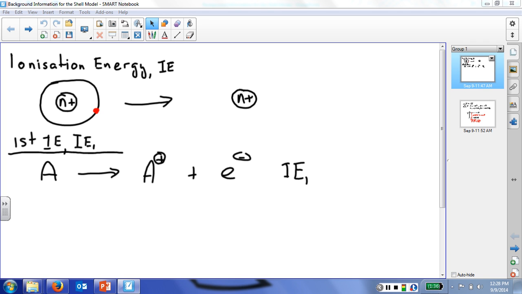We can represent it like this. So we have an electron circling around the nucleus, and we supply enough energy to take that electron away. For now, we will focus on the first ionization energy, which is the minimum energy required to remove the first electron in that atom, or the easiest electron to remove.